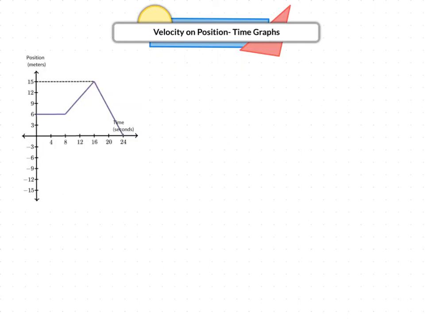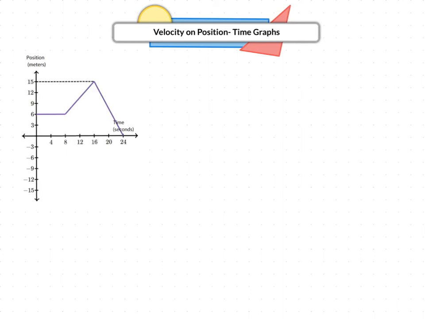So the last thing we want to very quickly talk about is how can we identify velocity on position time graphs. So this is the same position time graph we used in the previous video, where we had the armadillo, where we were tracking where it was over time. And so we didn't really use the time portion of that graph in the last video.